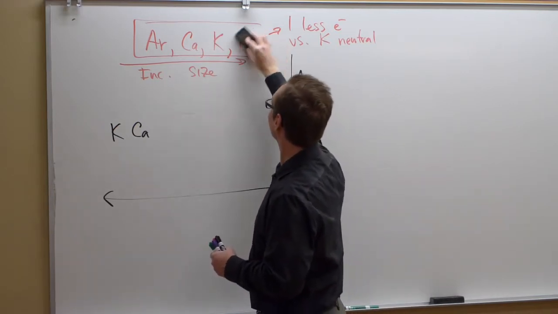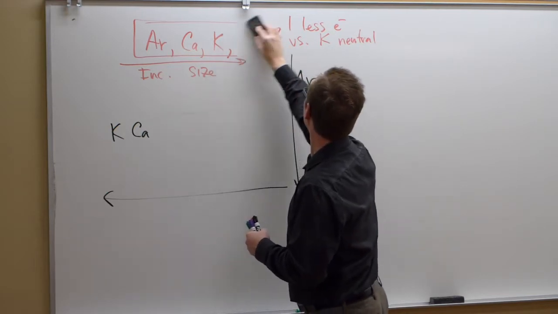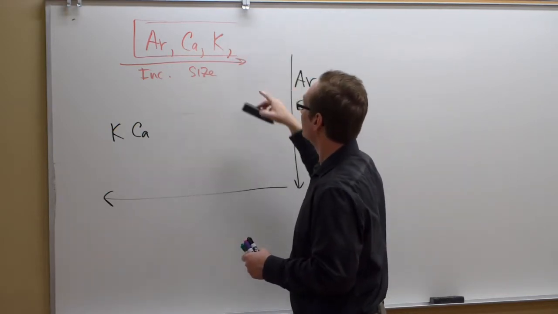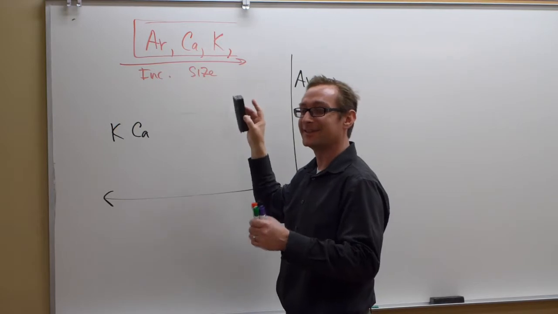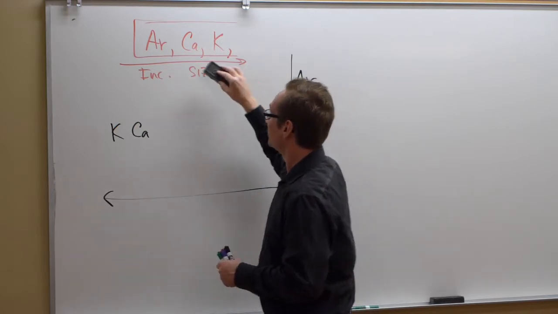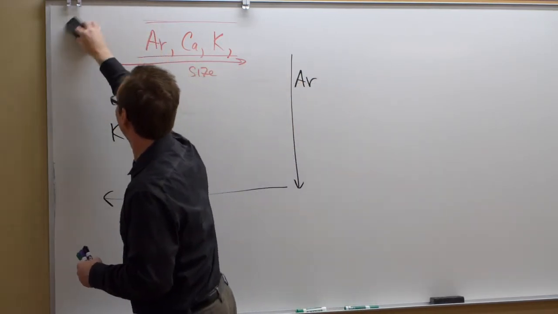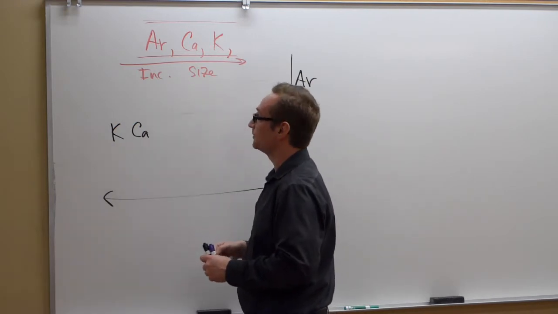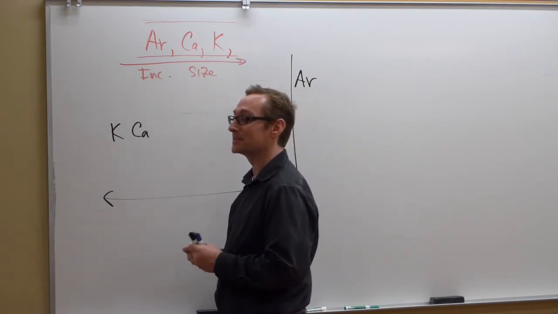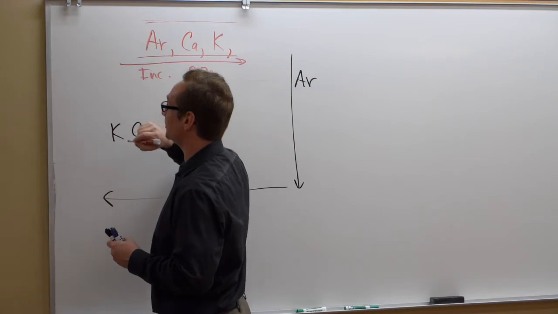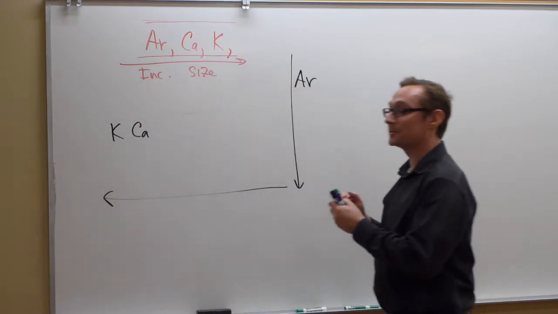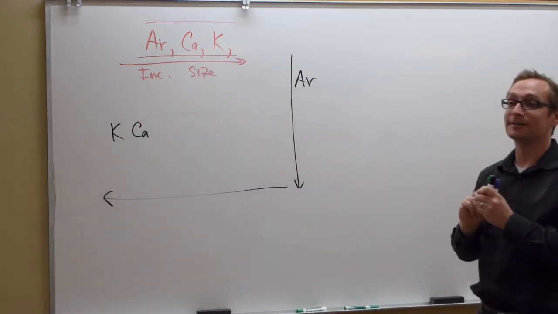Yeah, you're right. This is an order of increasing size. I was thinking of decreasing size. You're right, good catch. All right. Yeah, it does matter if they're asking for order of decreasing size versus increasing size. So yes, you're right.